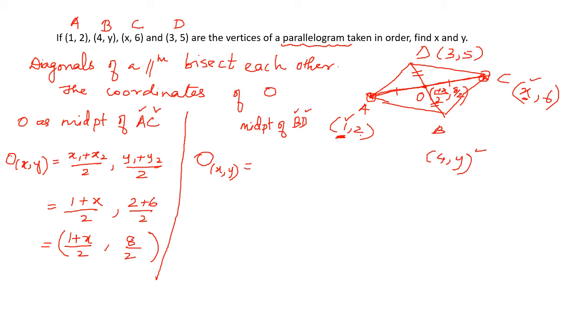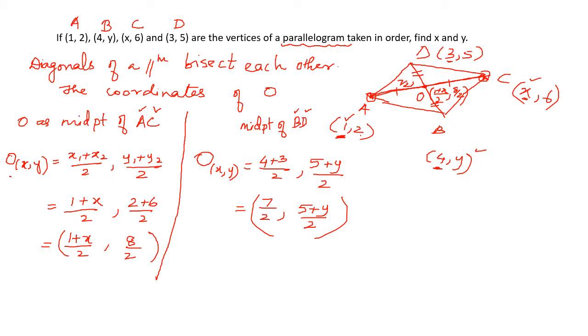So the x coordinate is 4 plus 3 by 2, comma, 5 plus y by 2. So you get 7 by 2, comma, (5 plus y) by 2. Both of them are coordinates of O. The same point can be written in this way also.